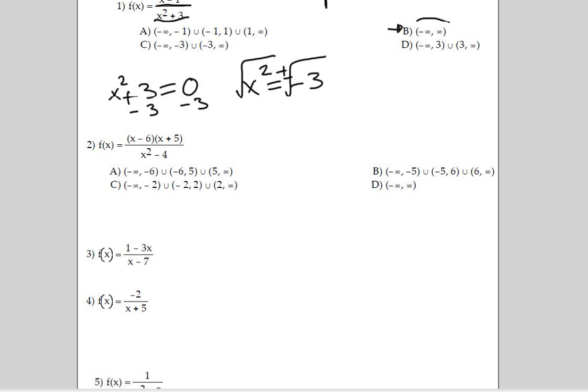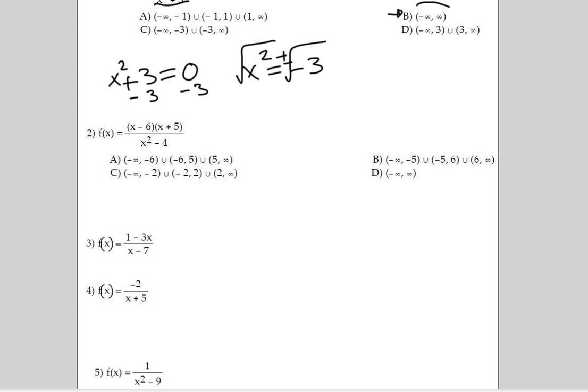Let's go on to number 2. Let's see, what's going to make our denominator 0 here? Well, let's factor the denominator. In other words, let's set this equal to 0 and solve for it. So you can either factor it, you get x minus 2 times x plus 2 equals 0, so you get x equals plus or minus 2.